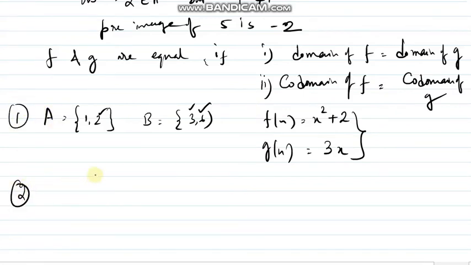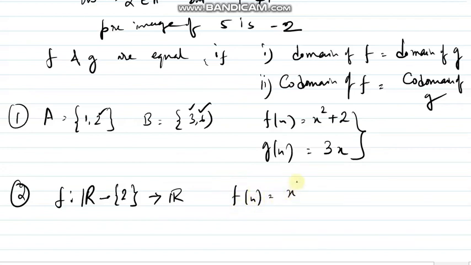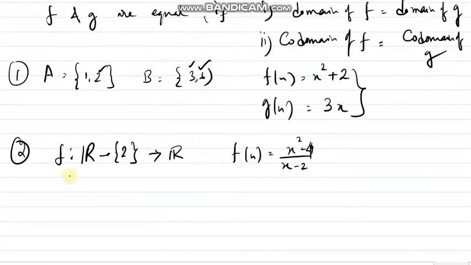Next case: f from R - {2} to R, where R stands for real numbers, is defined by f(x) = (x² - 4) / (x - 2). The second function g from R to R is defined by g(x) = x + 2.